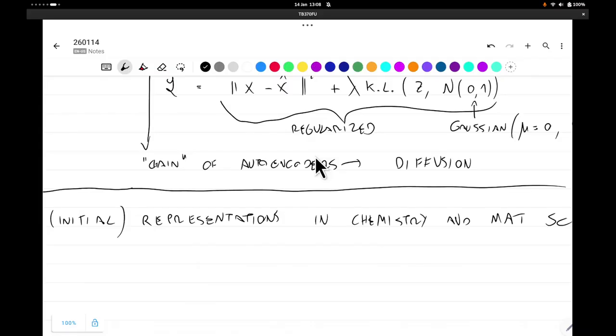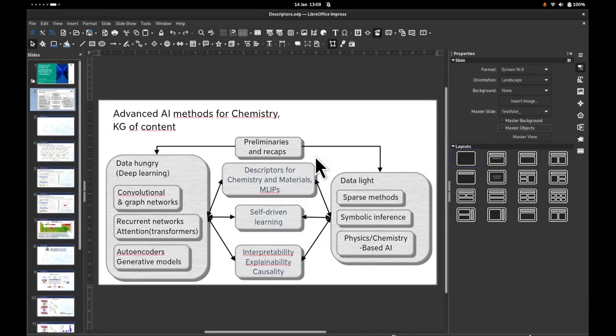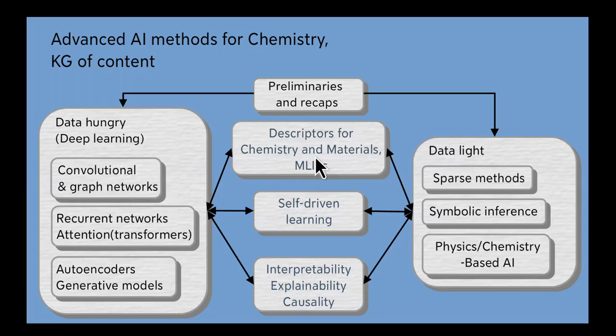And actually, I wanted to say one thing. If we go back to the general plan for the course, I am moving away from deep learning in terms of representation of model classes, and the bridge is through descriptors.